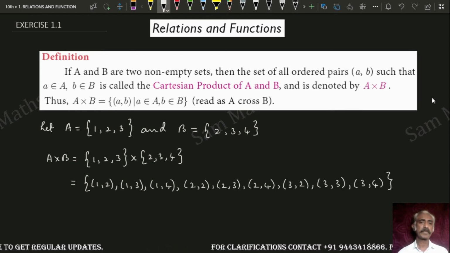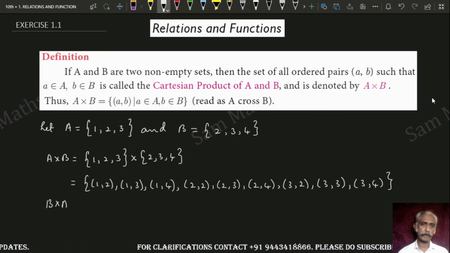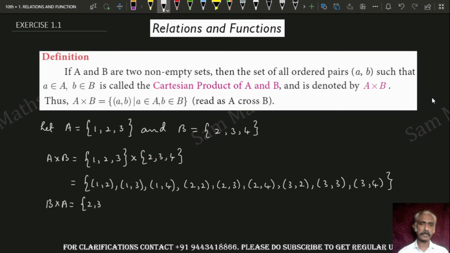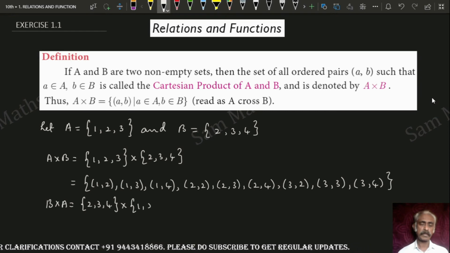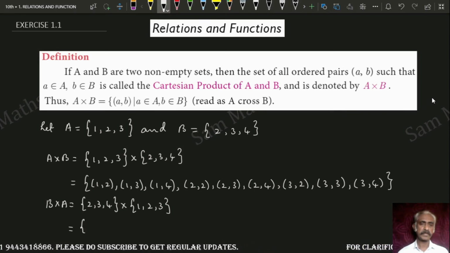Okay, children. Then you find B cross A. Now B is the first set. So we are taking {2, 3, 4} cross {1, 2, 3}, which is equal to, you distribute 2 along with A set elements.